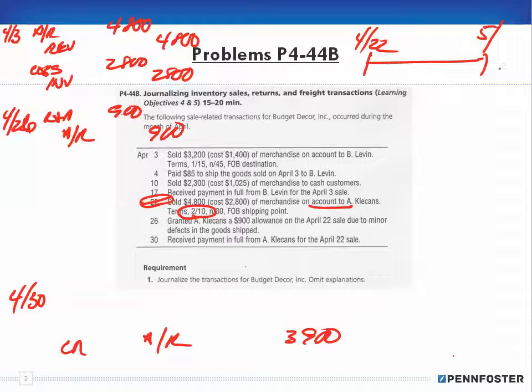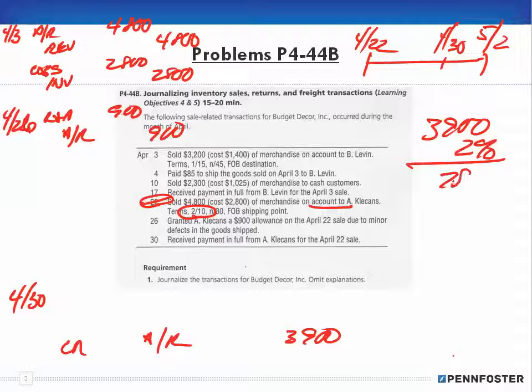So 5/2 is our discount period end, and they're paying on 4/30, so it falls within the discount period and they're able to take a discount. If we're at 3,900 and we take 2%, that's $78.